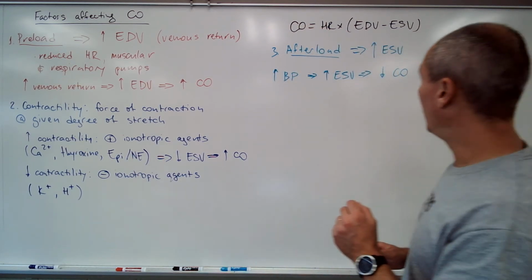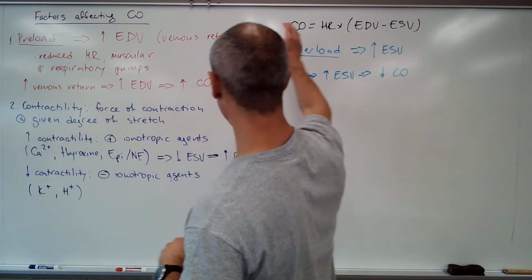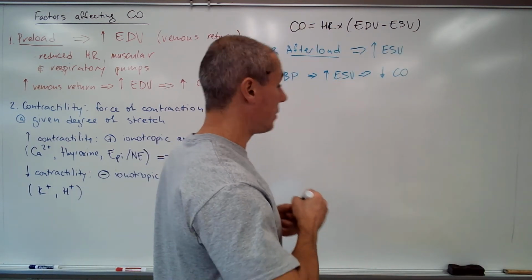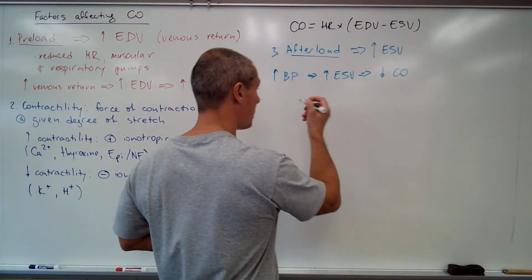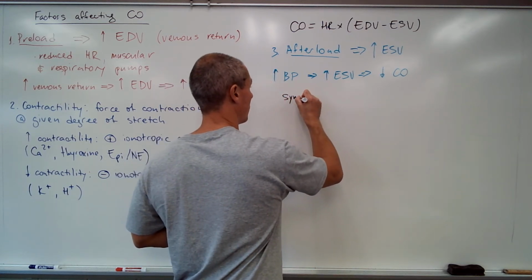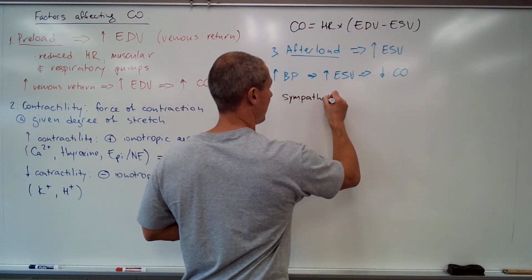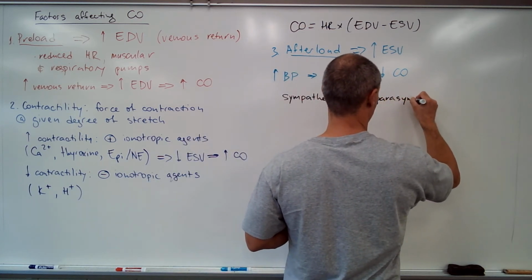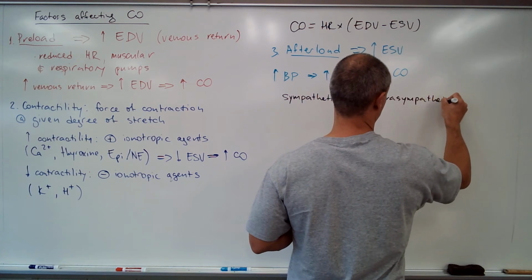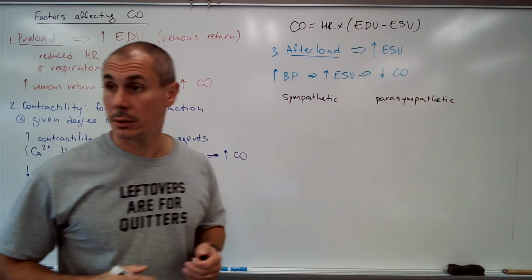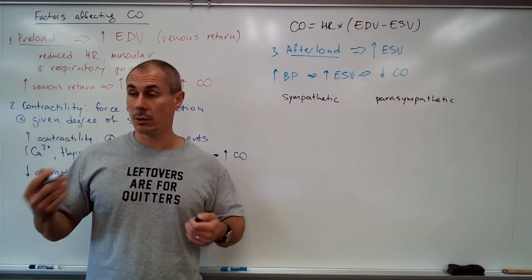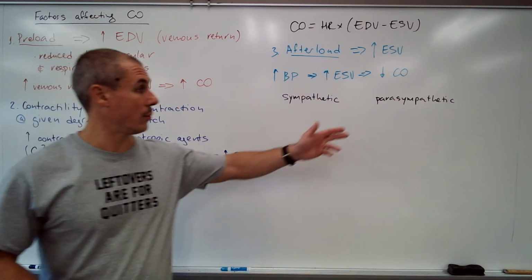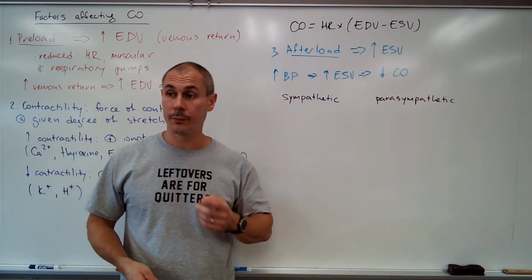a few words about contractility versus heart rate that we discussed last time. So, if you look at two systems, sympathetic and parasympathetic, you will notice, and you know, the main neurotransmitters for sympathetic will be epinephrine and norepinephrine, and for parasympathetic it will be acetylcholine.